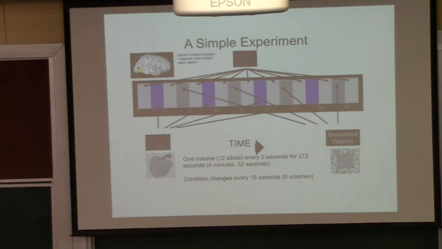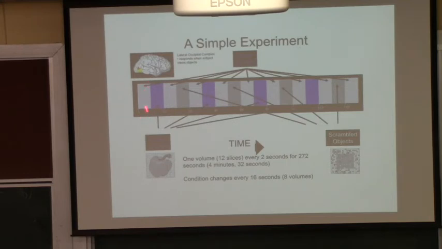Okay. So you can think of this experiment here. This is an example that describes what's going on. It's pretty simple. So the idea is that you've got rest conditions in light gray. You have conditions where you're shown a visual stimulus here. So basically here we're trying to look at brain activity related to presentation of a visual stimulus.